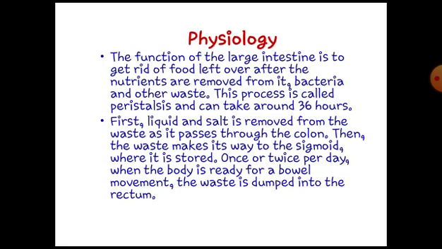Physiology: the function of the large intestine is to get rid of food left over after the nutrients are removed from it, bacteria and other waste. This process is called peristalsis and can take around 36 hours. First, liquid and salt is removed from the waste as it passes through the colon. Then the waste makes its way to the sigmoid where it is stored.